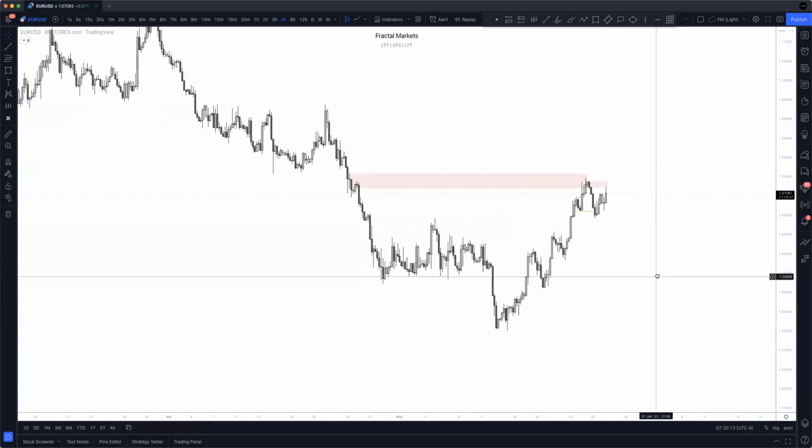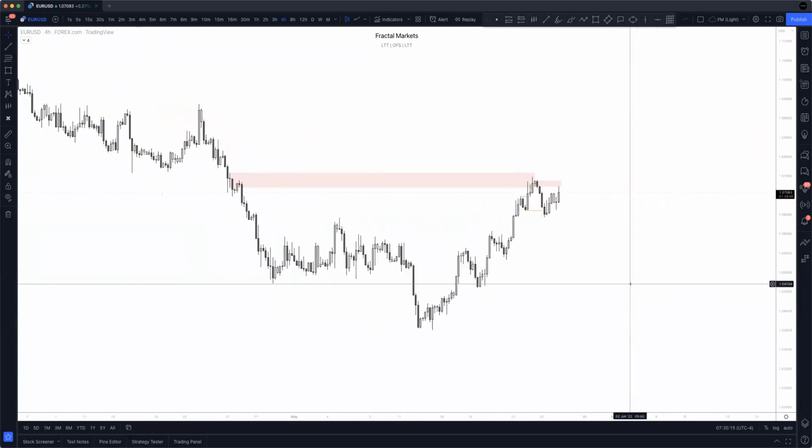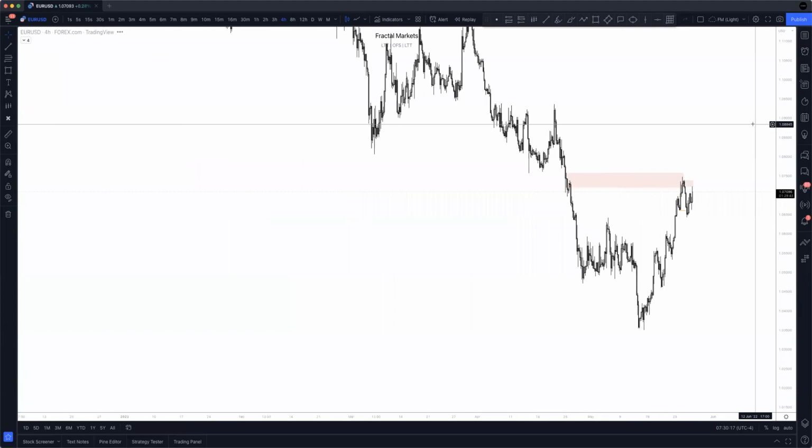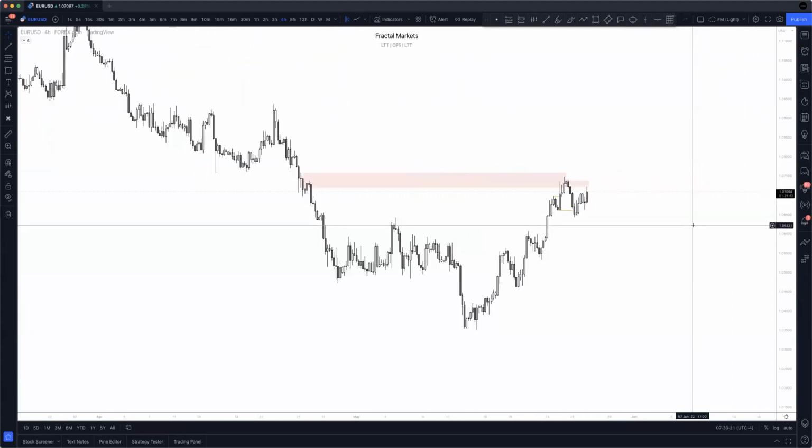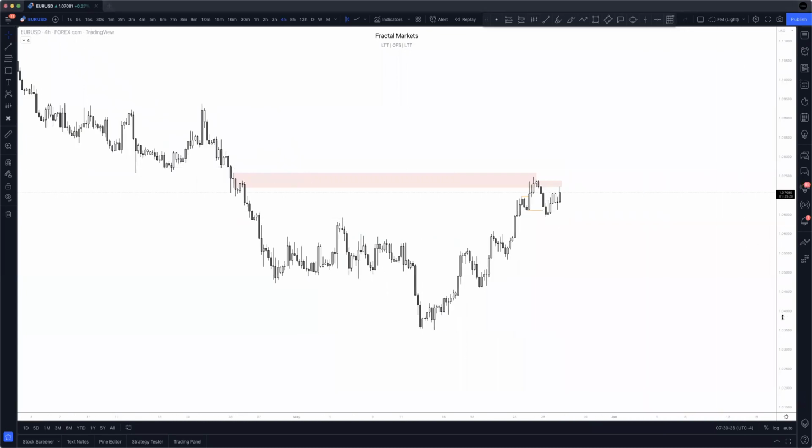But I'm going to take the opportunity to look at what I'm viewing from the higher time frame and weigh out the different scenarios to be able to get you on the right side of the market from a higher time frame perspective.